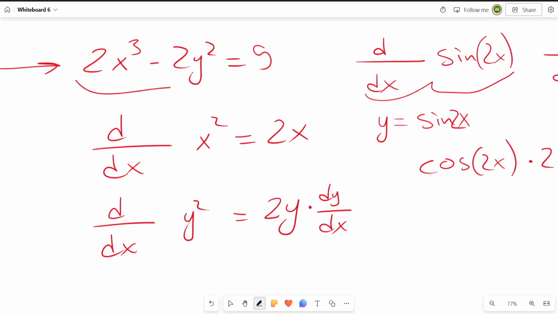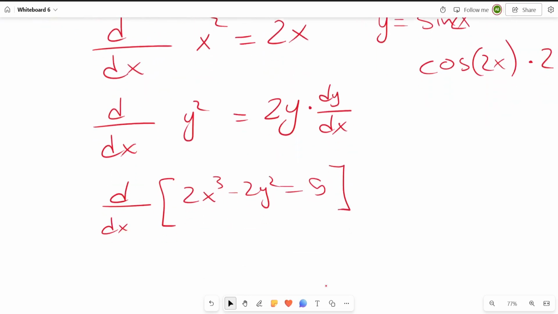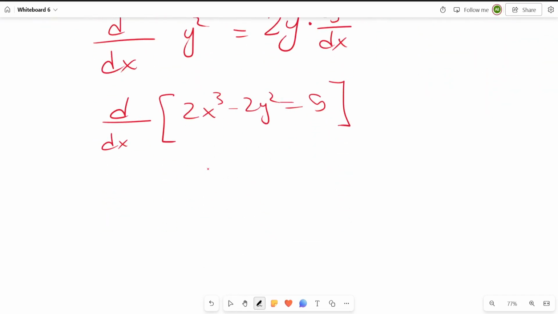Okay, let's try and solve this example over here. Let's say we want to find the differentiation of this whole thing. To differentiate that, we will differentiate each term.